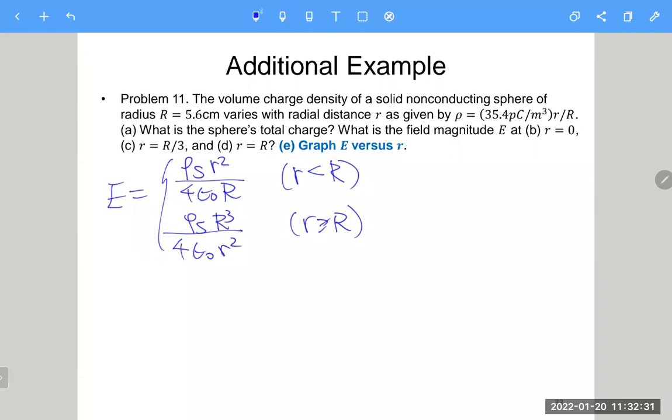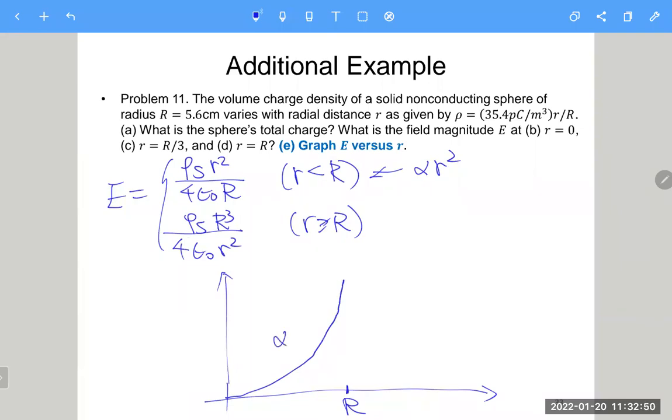So we can actually graph this out like this. Here we have capital R. When r is smaller than capital R, it is proportional to r squared, so it is increasing like this. For this part, it is inversely proportional to r squared, so it will look like this.